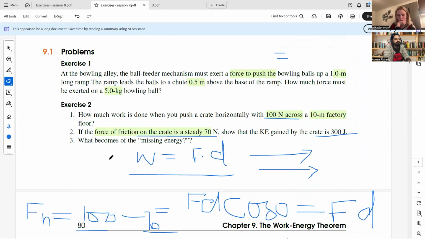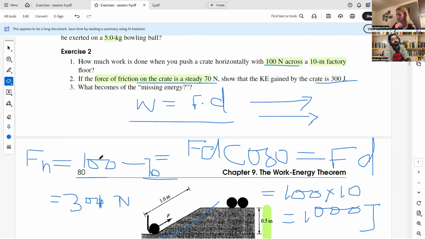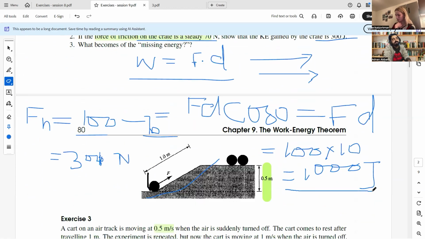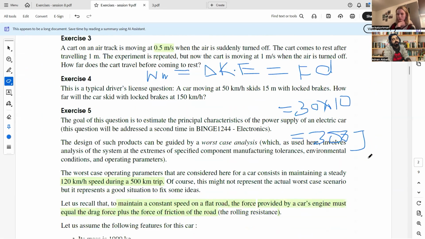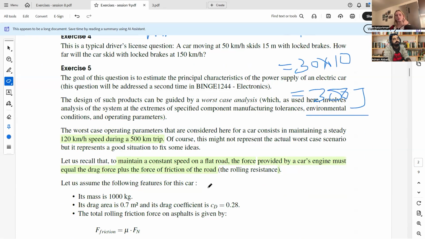What becomes of the missing energy? That is the third question. Initial energy is 1000 joule, and the net force energy is 300 joule. The remaining or missing energy is dissipated as a result of friction.